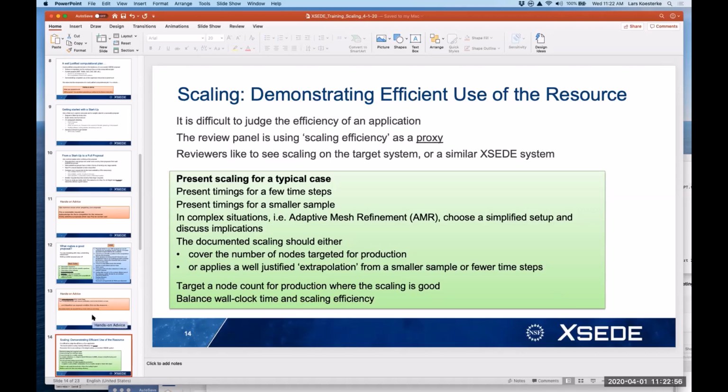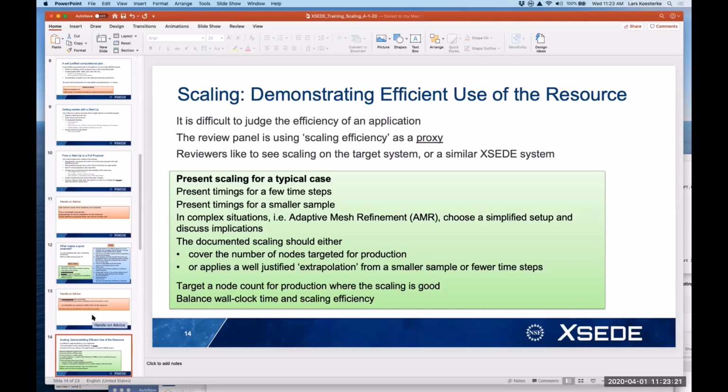You apply a well-justified extrapolation from a smaller sample. So for example, for a smaller sample, you provide the scaling up to a certain number of nodes. And then you say, my real computation now is 8 times as complicated. With complicated, I mean, it has 8 times as many particles, or the resolution is 8 times higher.